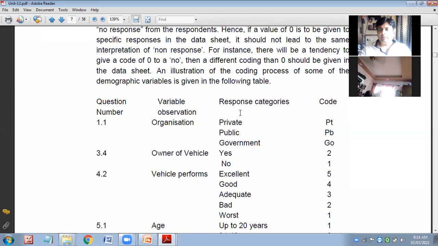There could be three types of organization: private, public, government. Which kind of data is it? Is it metric data or non-metric data? Will it be considered metric or non-metric? Any of you?